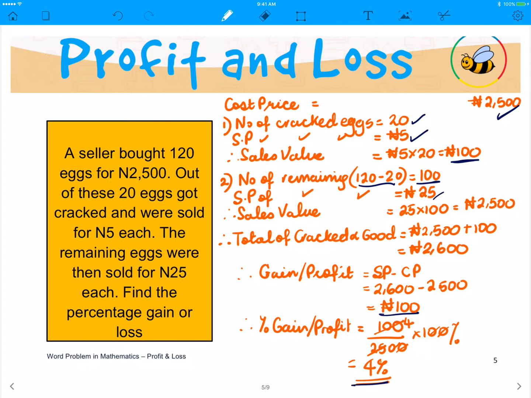We multiplied this and then we got 2,500 naira as the sales value of the good eggs. Then we calculated the composite total of cracked and good eggs as 2,500 plus 100, 2,600. We then arrived at our gain, which is 2,600 minus the original cost price of 2,500, giving us 100 naira. And we then expressed 100 naira as a percentage of the cost price, giving us 4%.